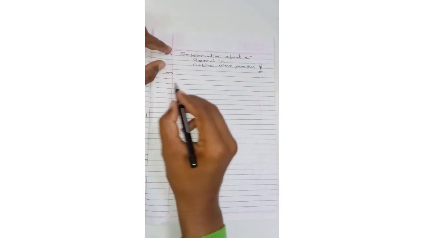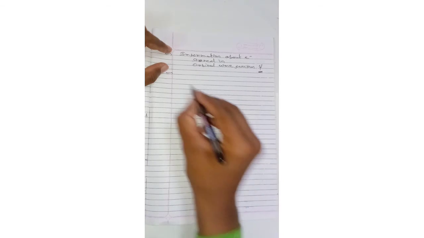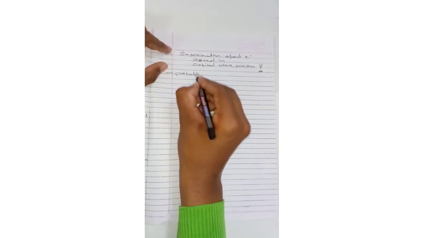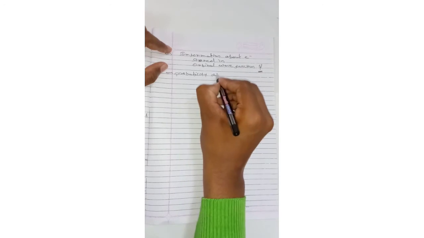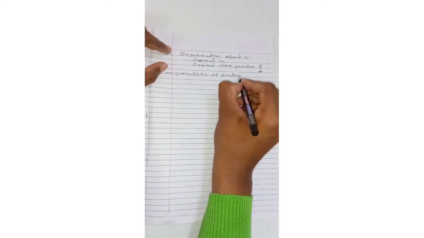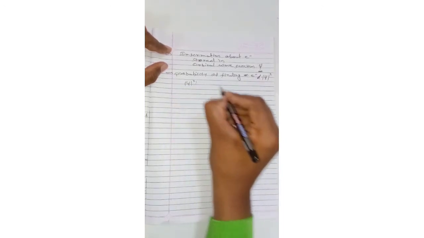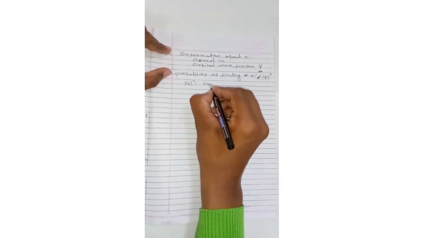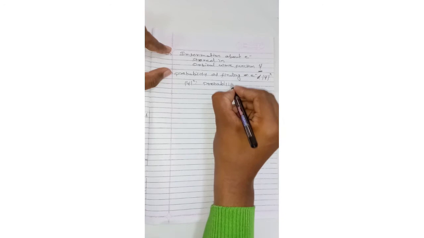This is the sign of psi. The probability of finding an electron is directly proportional to psi square, and psi square is the probability density.